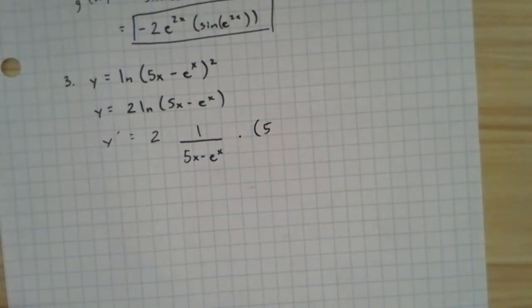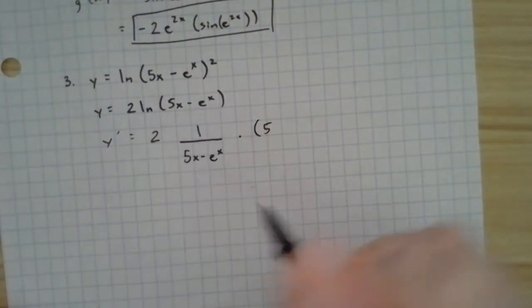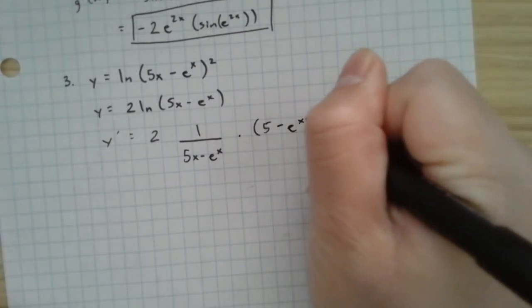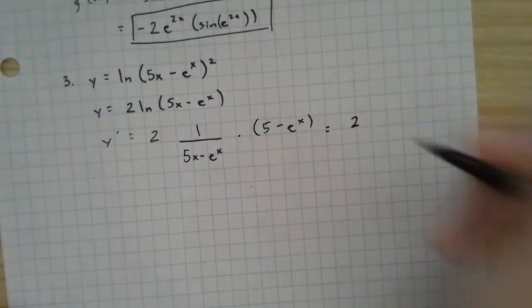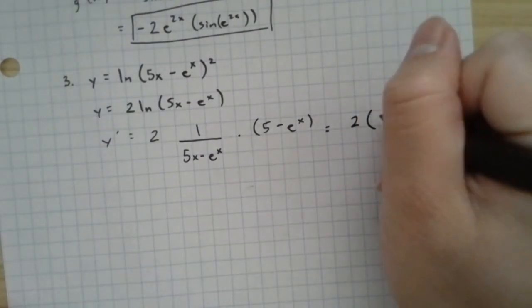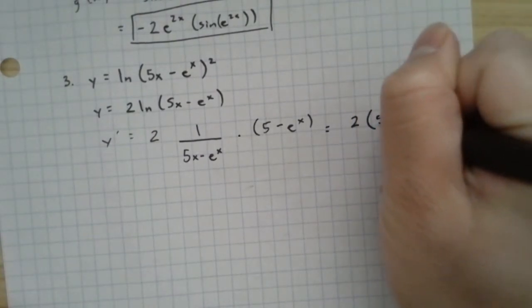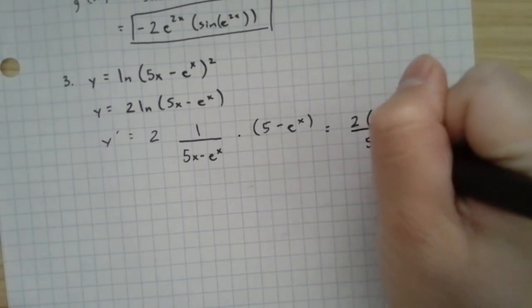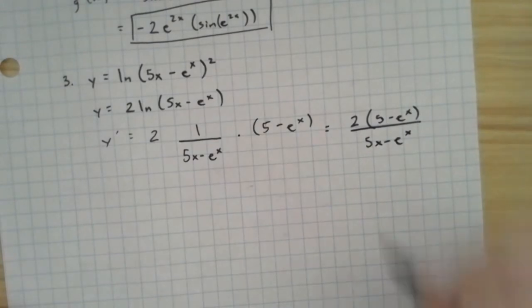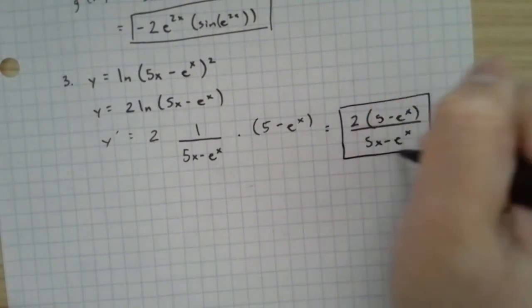So there's my 5. Okay, and then the derivative of e to the x is just e to the x. So minus e to the x. Put all this together. A good answer, you don't have to multiply the 2 in. You can leave it like that. If you did, that's fine. All over 5x minus e to the x. Okay, there's your derivative.